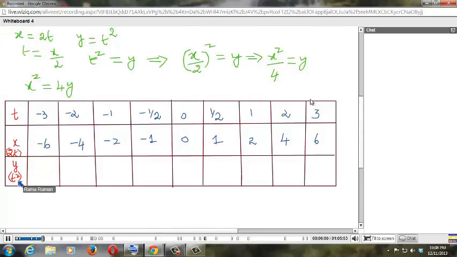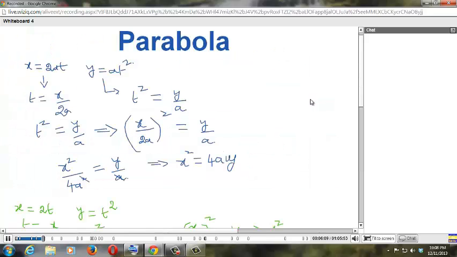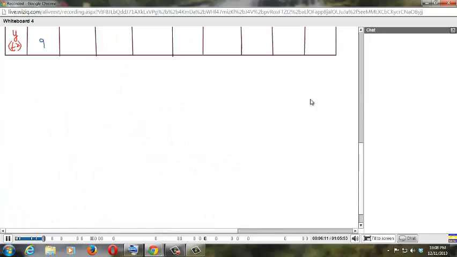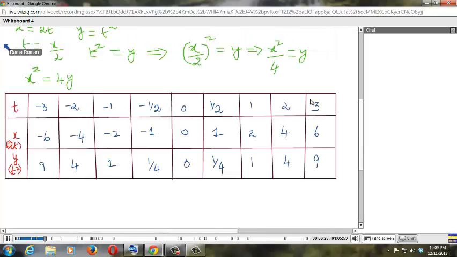Similarly, y takes the form t square, so whatever is the t value, we will square that and give that value as y. So minus 3 the whole square is 9, minus 2 square is 4, minus 1 square is 1, minus half square is 1 over 4, 0 square is 0, half square is 1 over 4, 1 square is 1, 2 square is 4, and 3 square is 9.